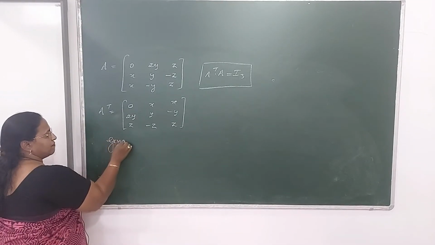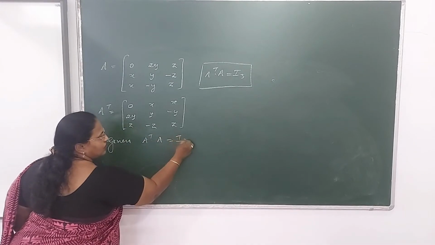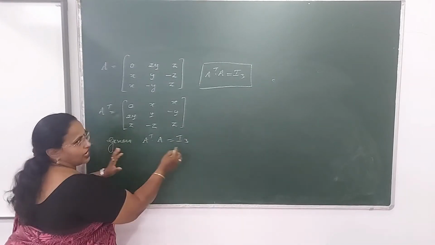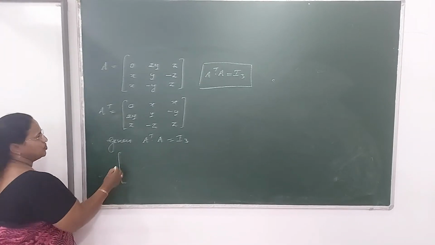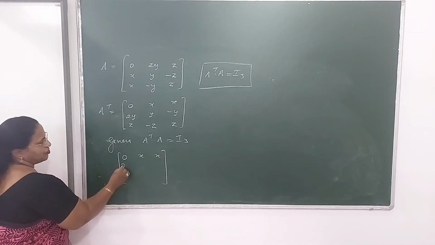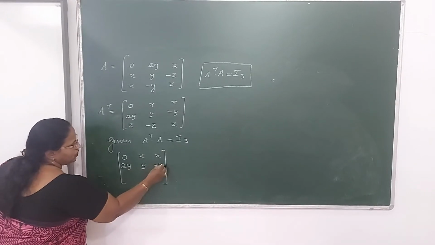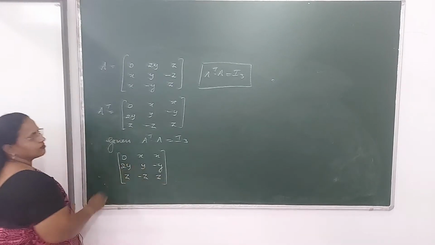So given A transpose into A is equal to I3. Substitute the value in their position. So first of all, we'll write down A transpose.